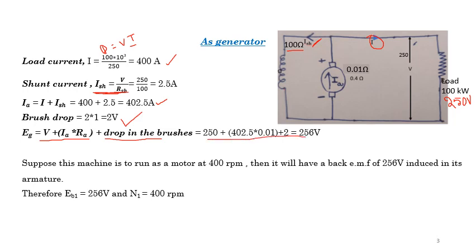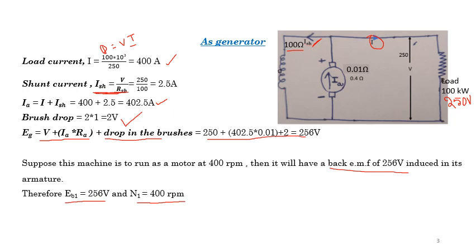Suppose this machine was running as a motor at 400 rpm, then what happens? Instead of the generated voltage, we would have a back EMF of the same voltage, 256 volt, induced in the armature. So I can also take this back EMF as EB1 equal to 256 volts and this speed as 400 rpm.